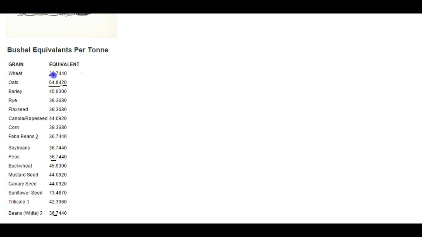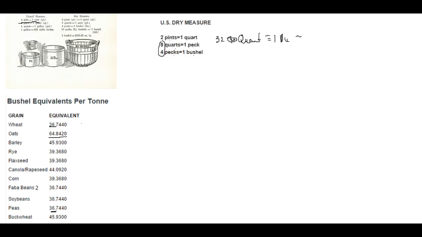Wheat as well. There's only about 37 bushels compared to the 65 bushels. I think of those as those big baskets. Okay, so now you have a sense of the volume of a bushel.